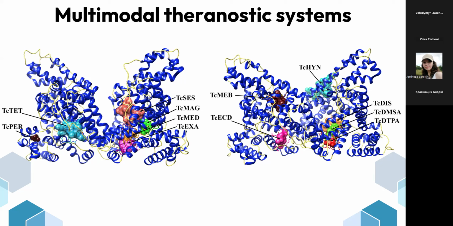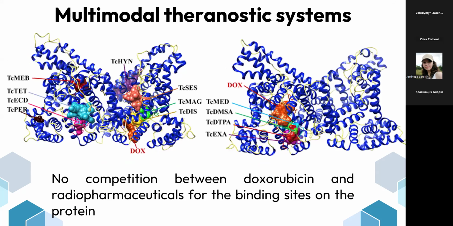When we docked different radiopharmaceuticals to albumin, we found that the binding site for almost all radiopharmaceuticals represents domain number one, which is not common for typical drugs.